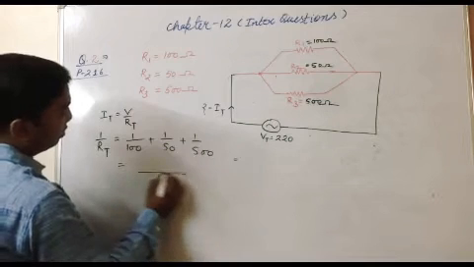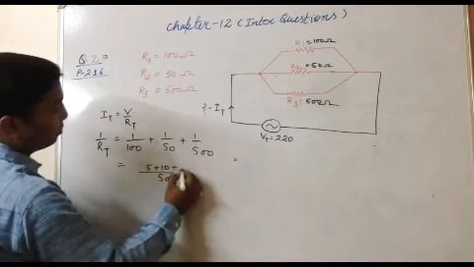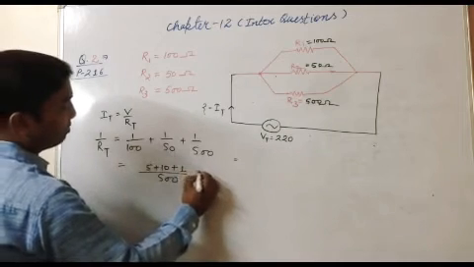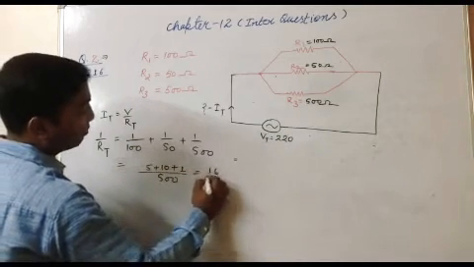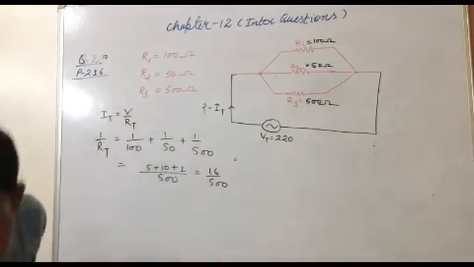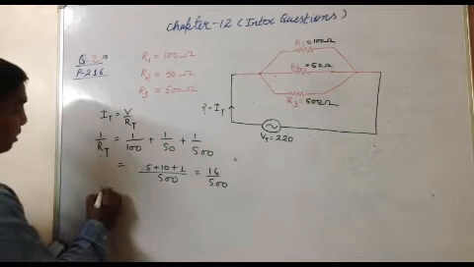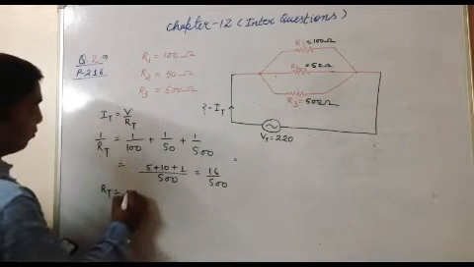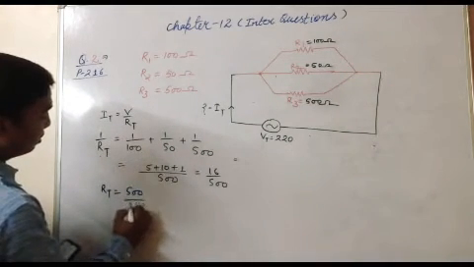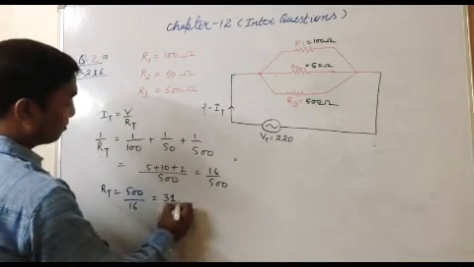Over 500, here 5 will come, here 10 will come, and here 1 will come. So this would become 16 upon 500. So what would be the value of RT? RT would become 500 upon 16. So the answer would be 31.25 ohm.